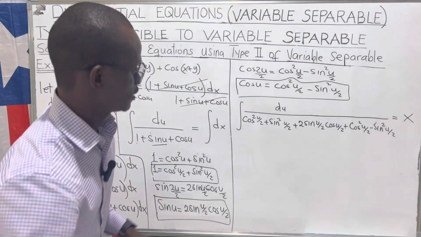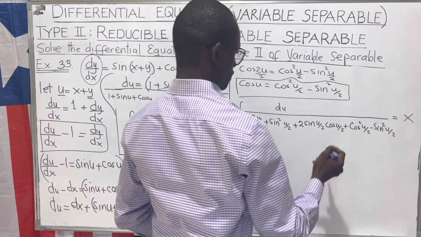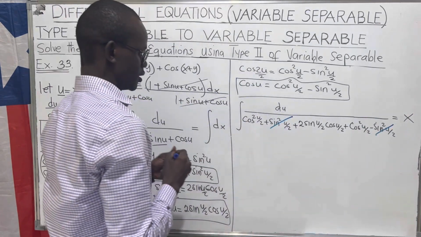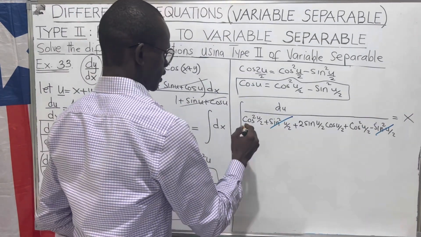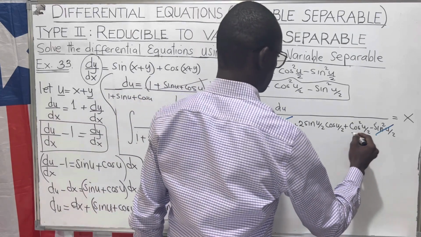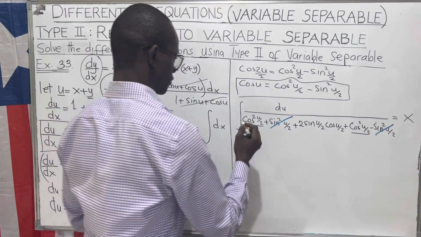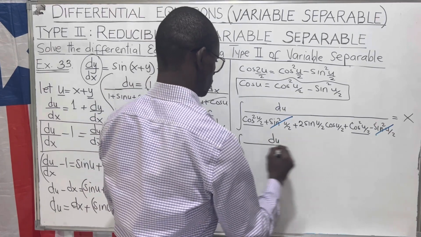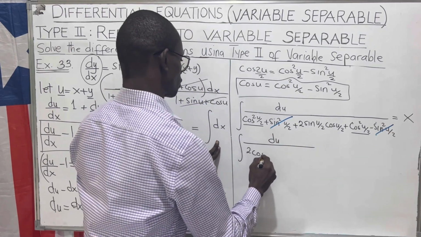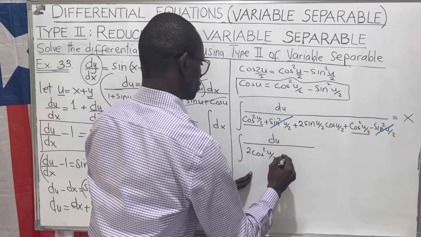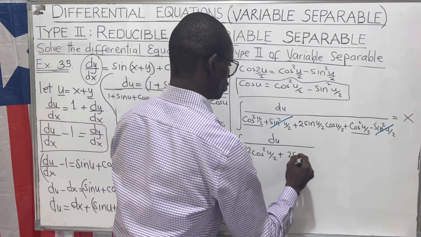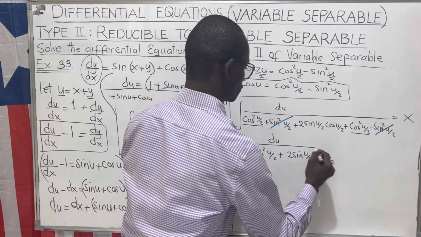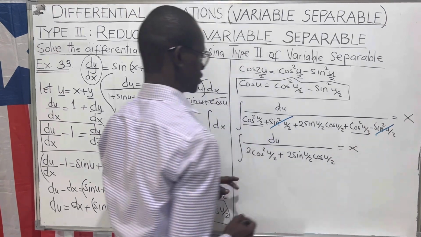We observe that the second term and the last term can go out, and then the first and the second to the last can be added. So we do have the integral of du over 2 cos square u over 2 plus 2 sine of u over 2 cos of u over 2 equals x.